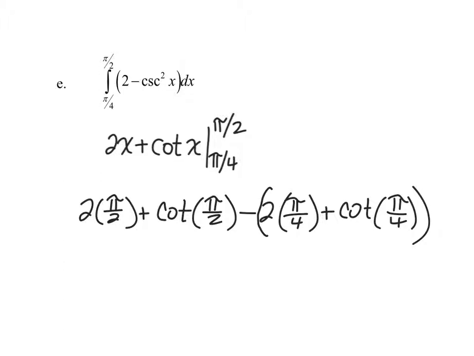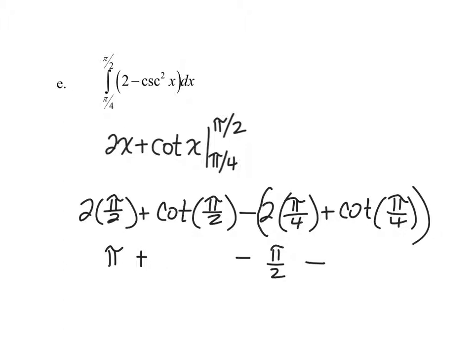So, yeah, a little bit of work. Cotangent of pi over 2 is what? Cosine of 90 is 0.